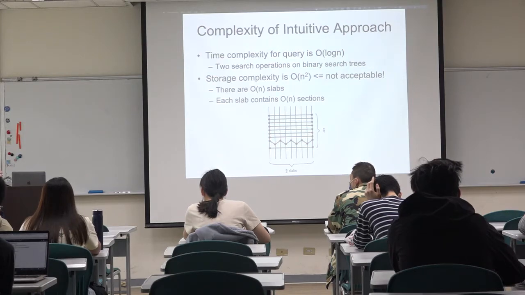The second thing is that, in the case that you really want to pay this much storage to get this good query complexity, there are situations where you may want to do that.